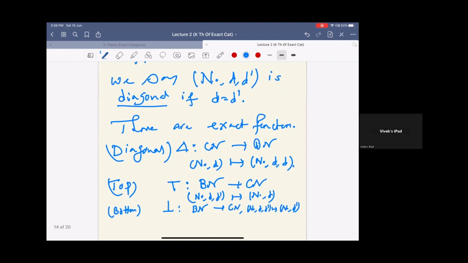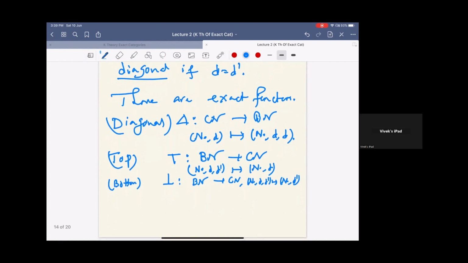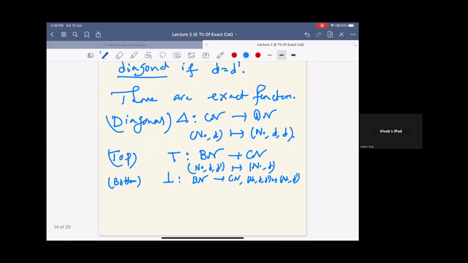Note that delta is split by top and bottom, naturally, because you are just forgetting the top differential and then you are just mimicking, duplicating the differential. So you get the same output.